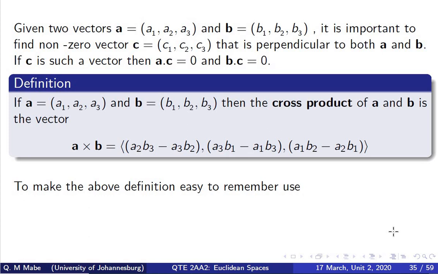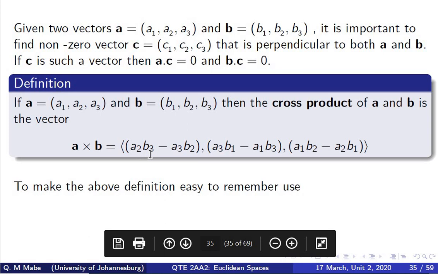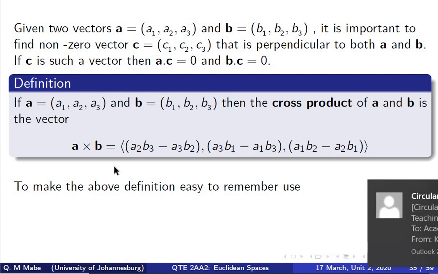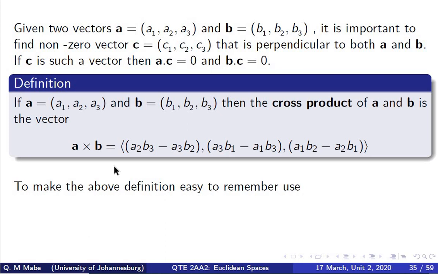Given that A equals (A1, A2, A3) and B equals (B1, B2, B3), the cross product of A and B is the vector A cross B, defined as A2 B3 minus A3 B2. That's the first component. The second component is A3 B1 minus A1 B3, and the third one is A1 B2 minus A2 B1. It's important to know that the cross product is a vector, whereas the dot product is a scalar.